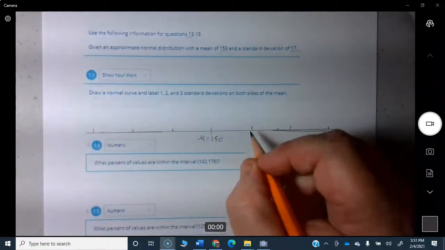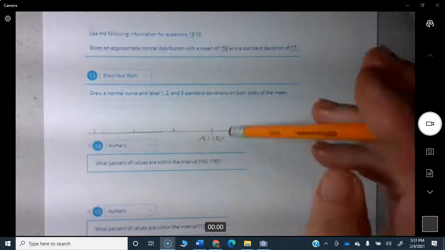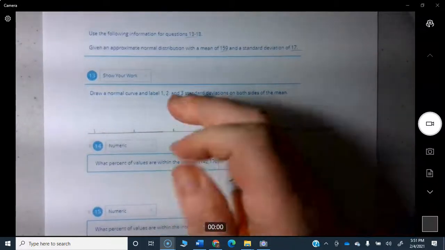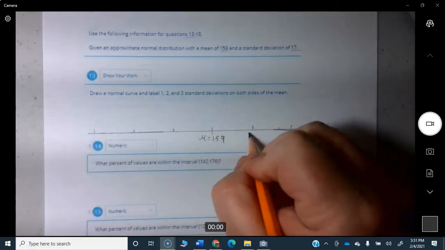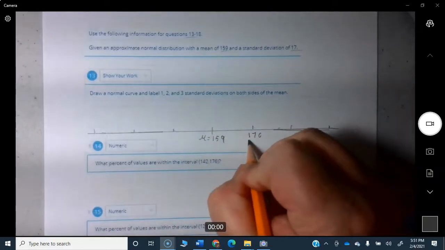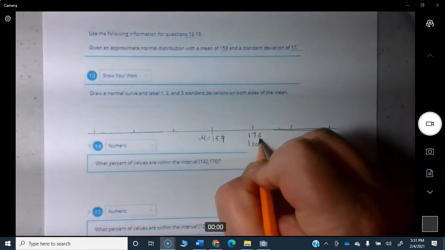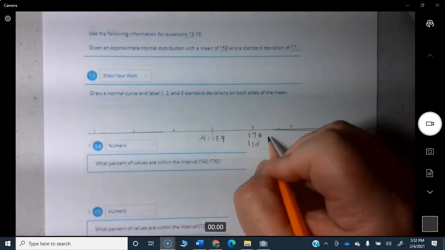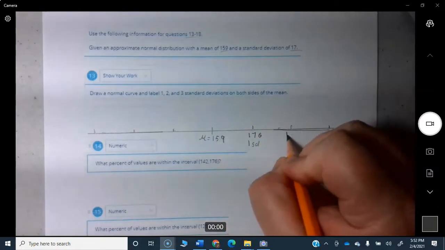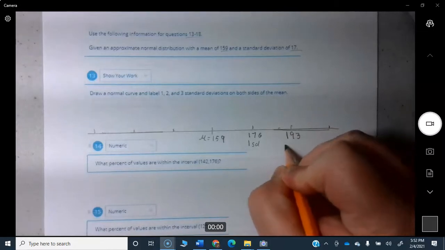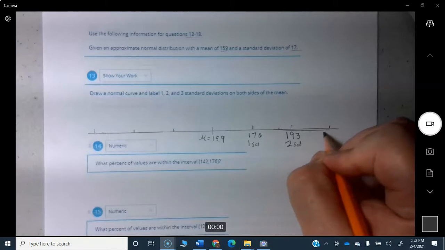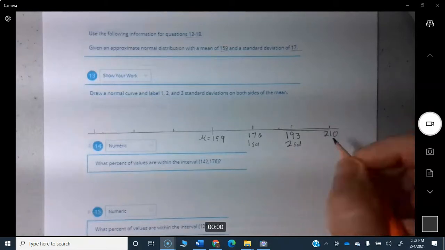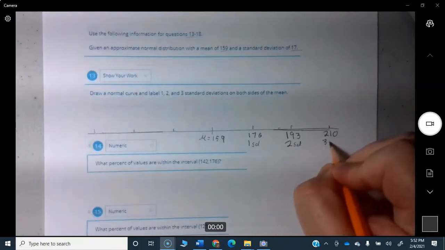Okay, so this is the mean, 159 actually. Plus 17 is 176. That's 1 standard deviation. Another 17 gets you to 193. That's 2 standard deviations. And another 17 gets you to 210, and that's 3 standard deviations.